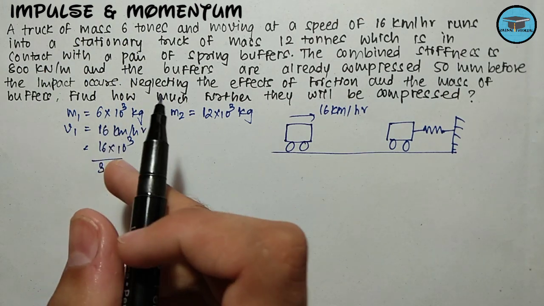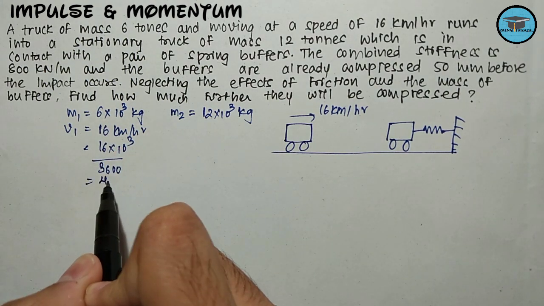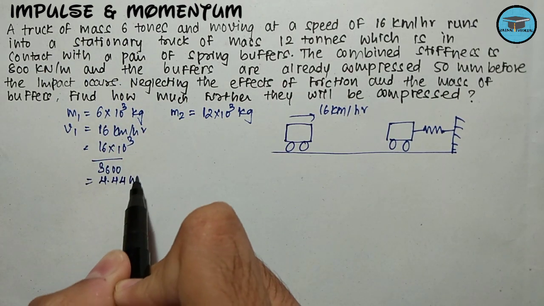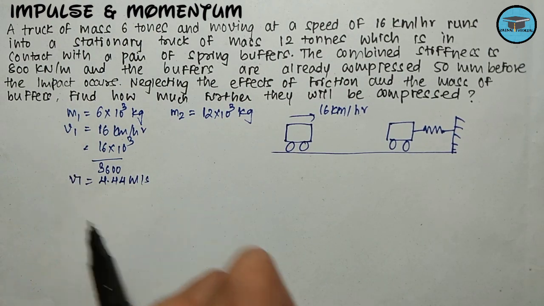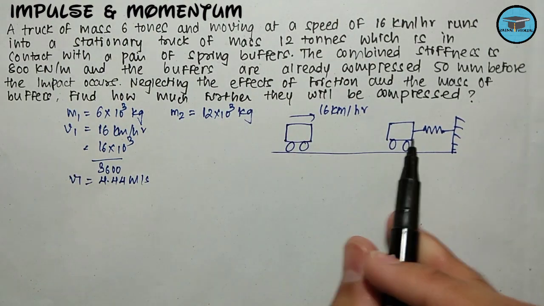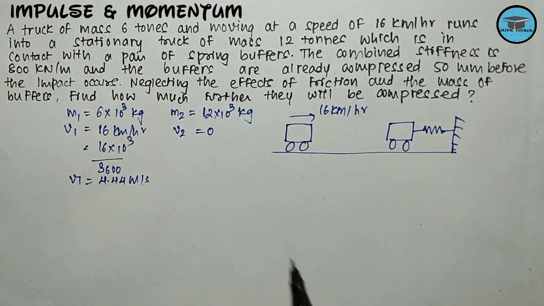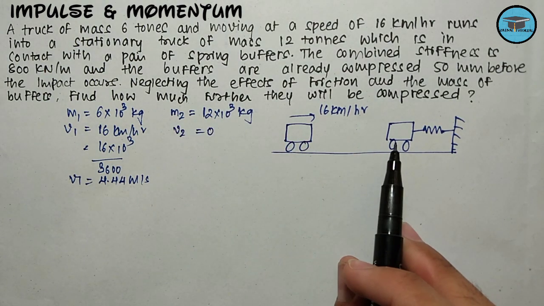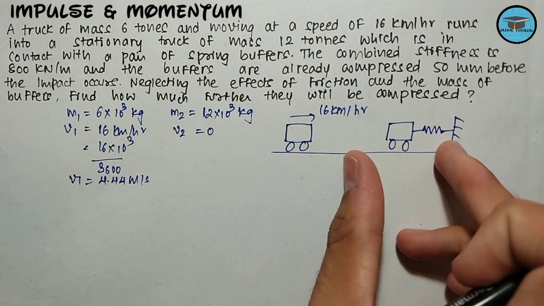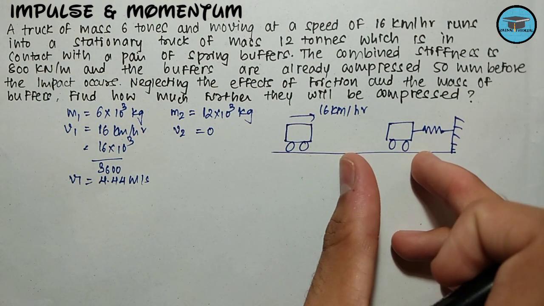The value comes out to be 4.44 meter per second. This truck is initially at rest, so V2 must be equal to 0, and after this truck collides with this truck, they move as a combined mass with a common velocity.